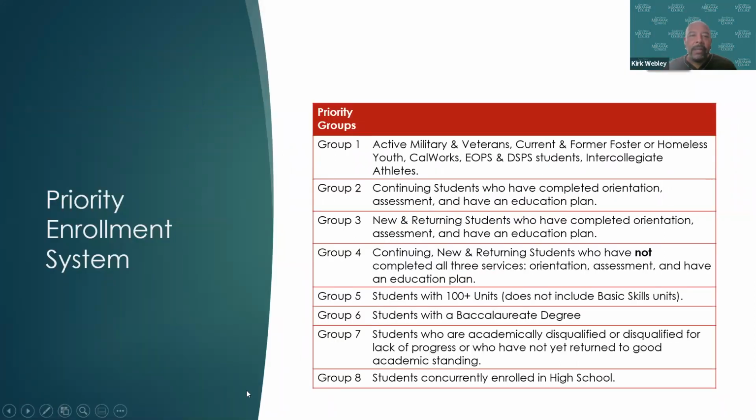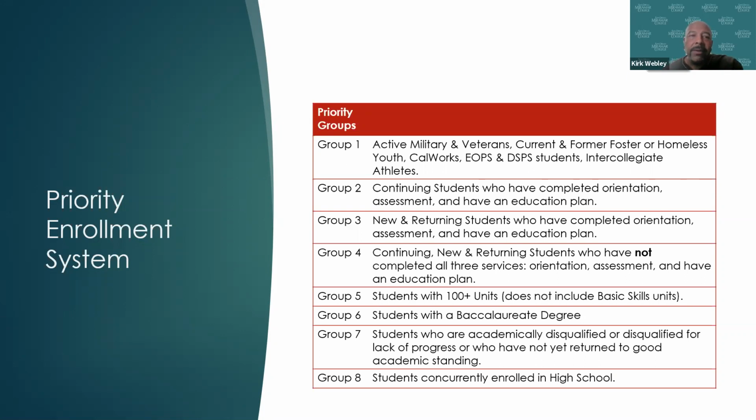All right, everyone. Now, in terms of our priority enrollment system, this is consistent with our state law in terms of providing priority to our students in some fashion. As you see here on this particular slide, we've identified how our groups of students will come in through our system for registration.